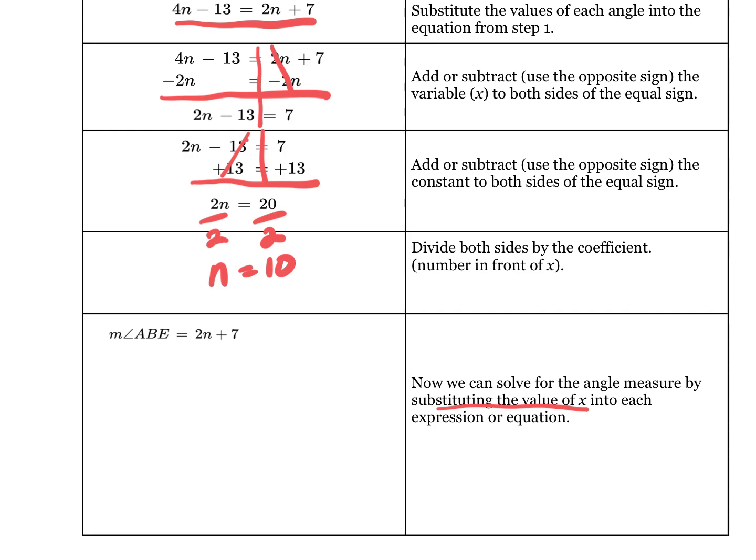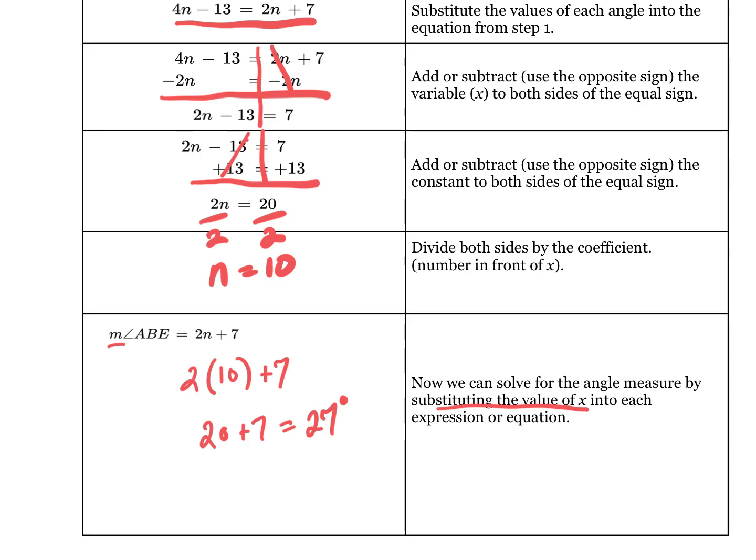So if we're looking for the measure, and that's what m means, measure of angle ABE, so it's going to be 2 times n, which is 10, plus 7. Well, 2 times 10 is 20, and when I add 7, I get 27 degrees.